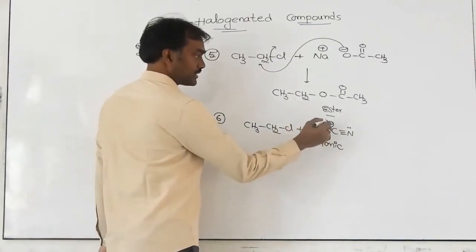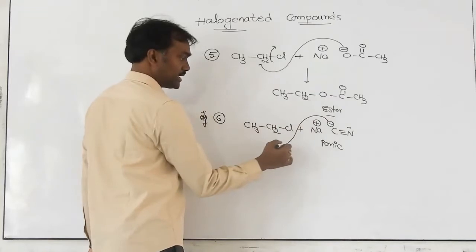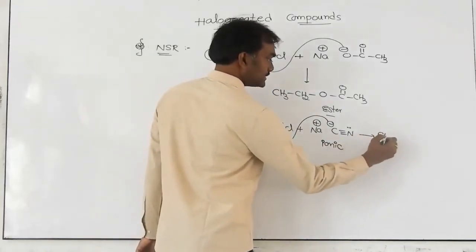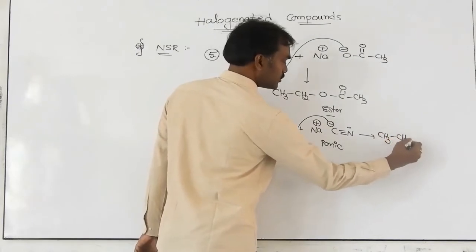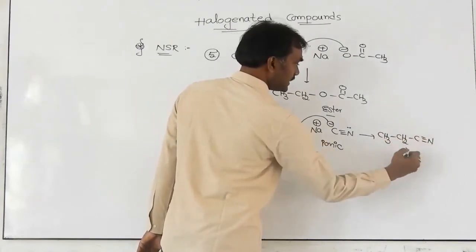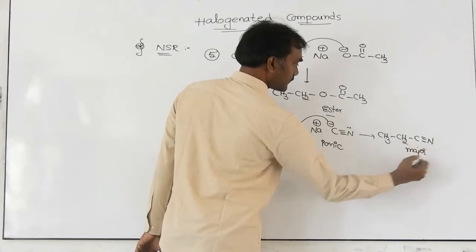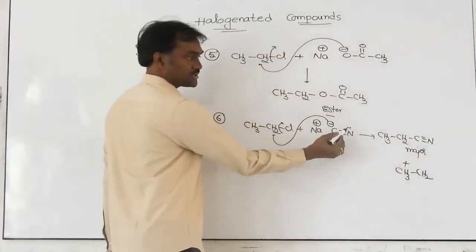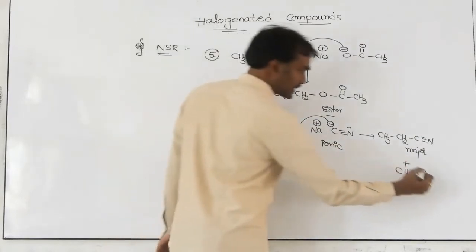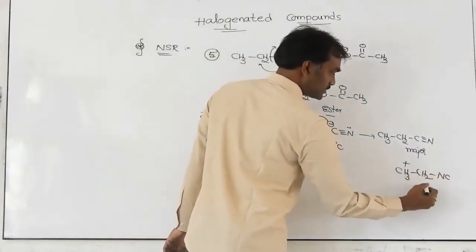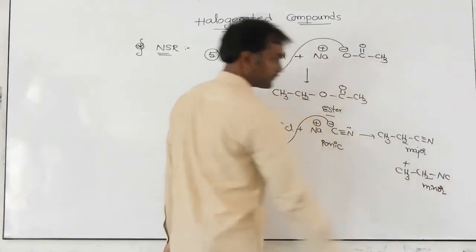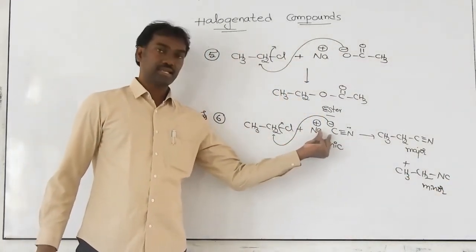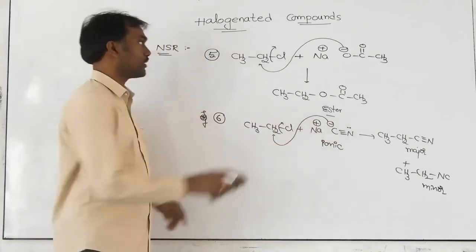Here the ionic nature is more powerful. So CH3CH2CN, the cyanide, is the major product. The nitrogen end is also a nucleophile, so CH3CH2NC, the isocyanide, is minor. Between sodium and cyanide you have ionic nature, so the negative charge is more powerful.